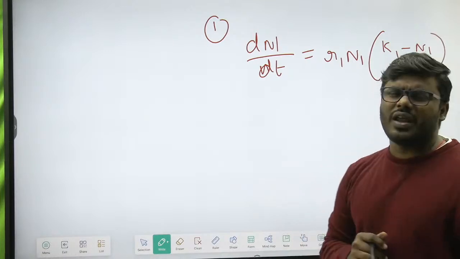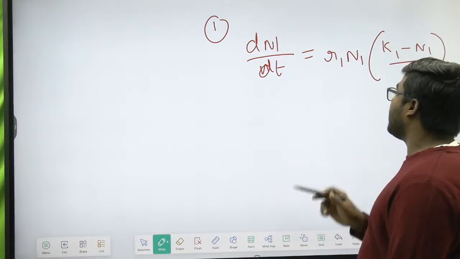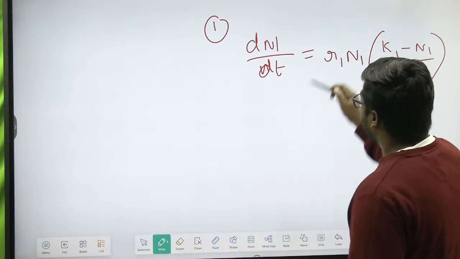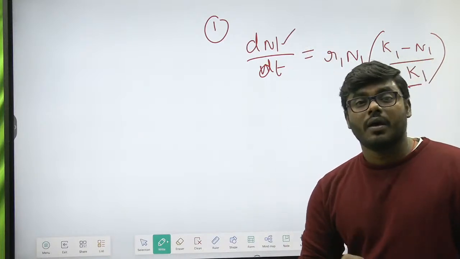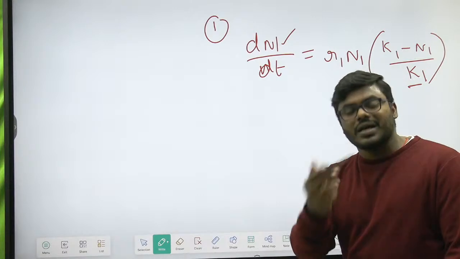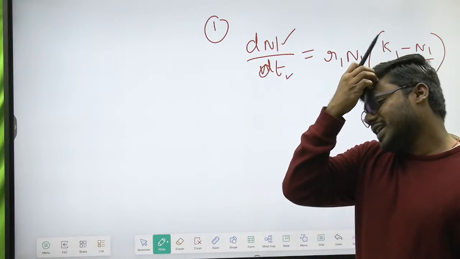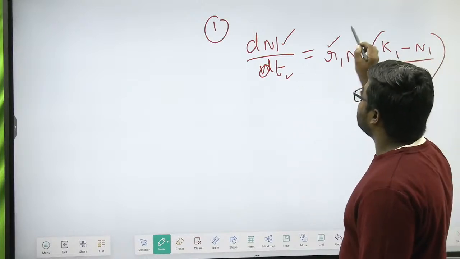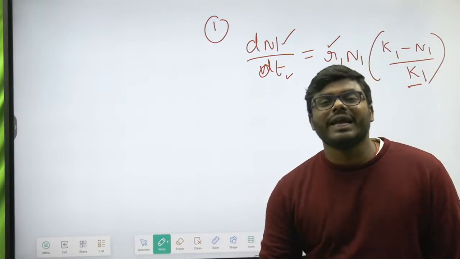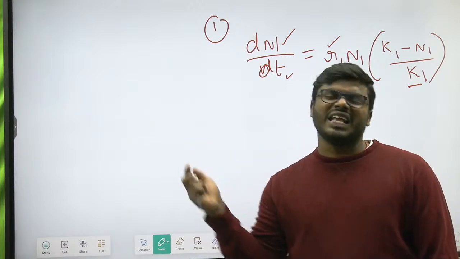You all know very well what we mean by the word K1 here? Carrying capacity. What does N1 represent here? Population size, population size 1. T represents time. We discussed very clearly what R represents, friends. R represents the intrinsic rate of increase.